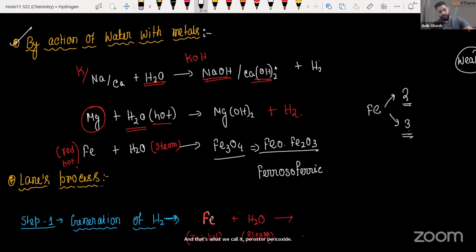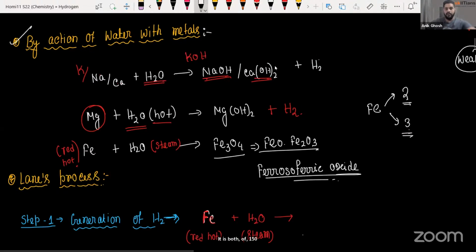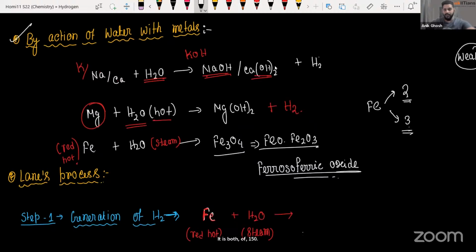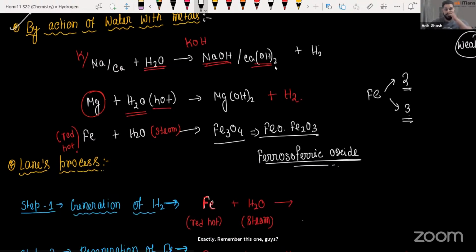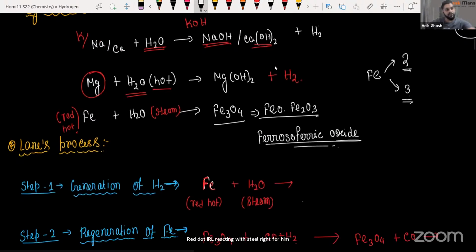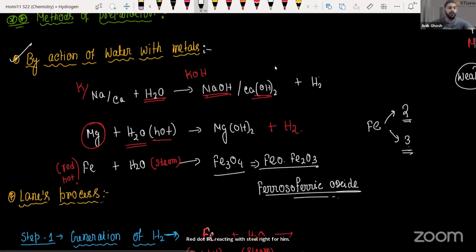It is both ferrous oxide and ferric oxide together. Remember this one, guys? Red hot iron reacting with steam. So now this is the situation for water.